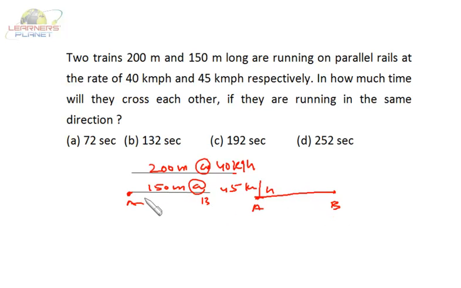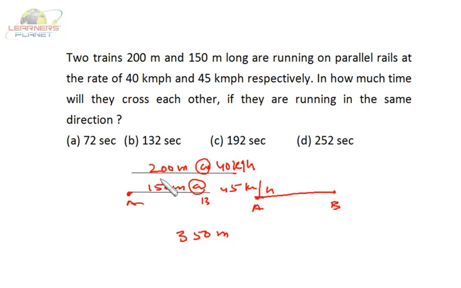That means the total length which has to be covered by this point is the length of this train plus the length of this train, that is 150 plus 200, that is 350 meters. Okay, now what is the relative speed? This train is also moving and this train is also moving.